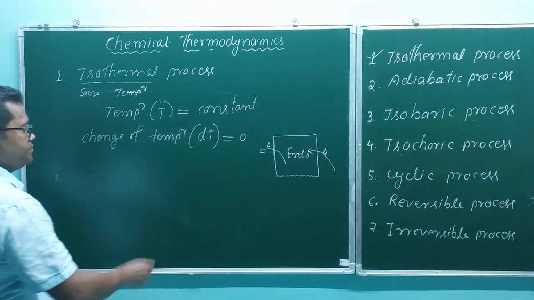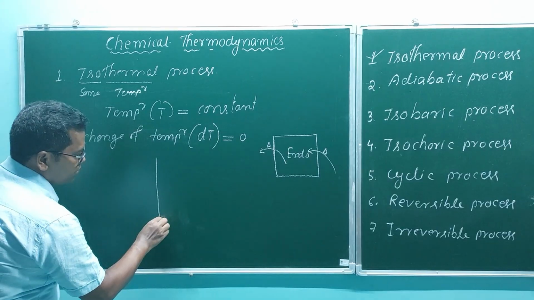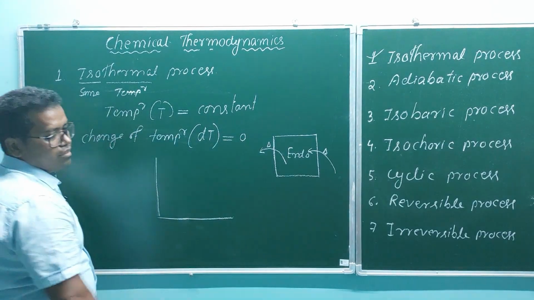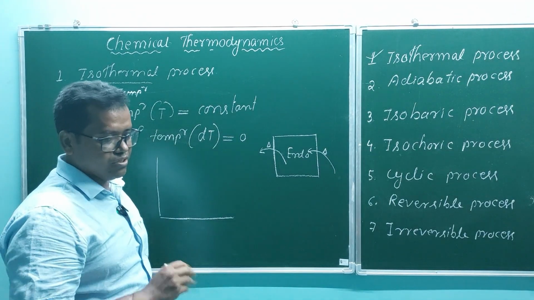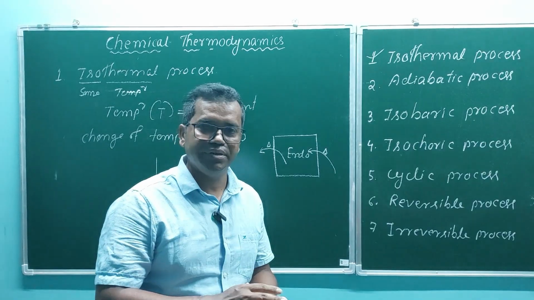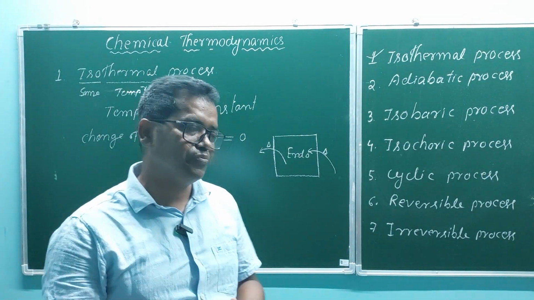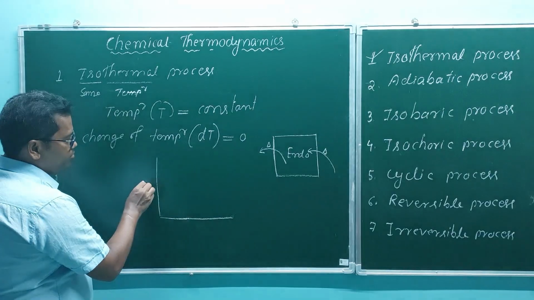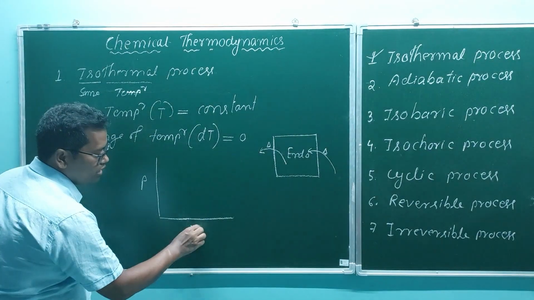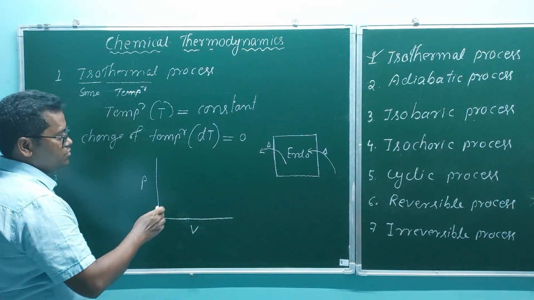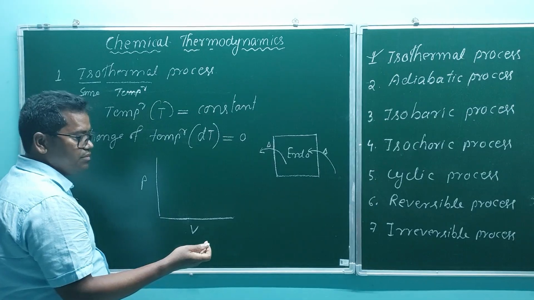So let us see how we can represent this graphically. This is the constant temperature. Constant temperature means this type of process follows Boyle's law. So if we draw a pressure and volume diagram, what will be the nature of the curve?